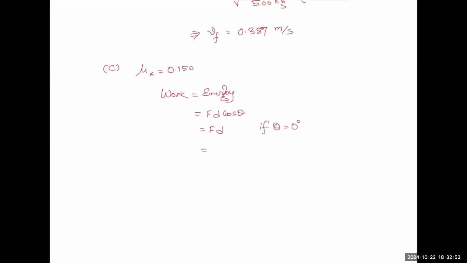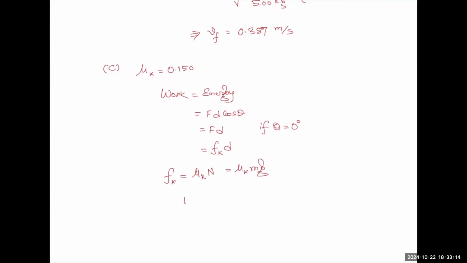Now what is the force? Here we have a friction force and the displacement. How do we write the friction force? We know the friction force Fk is the friction coefficient times the normal reaction. The normal reaction is mass times gravity.